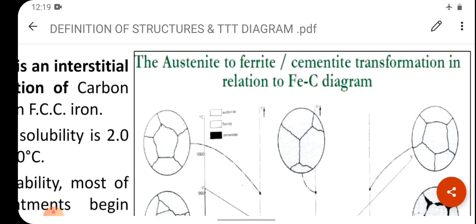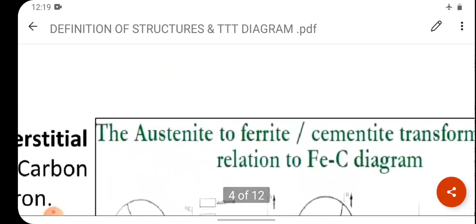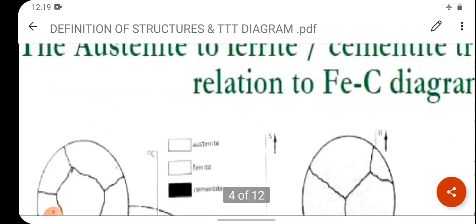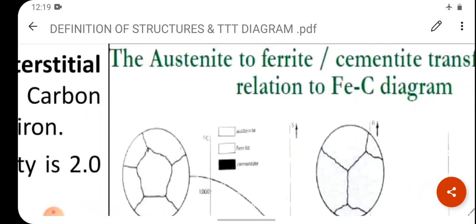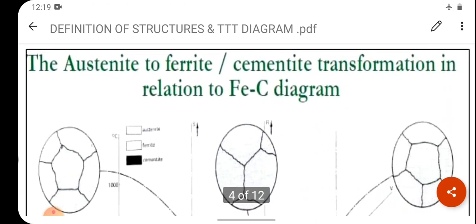Here I have written, first one is austenite, second one is ferrite, and third one is cementite. I am zooming again so that it will be visible to you. So see these three rectangles: austenite, ferrite and cementite. I am zooming out. Clear?